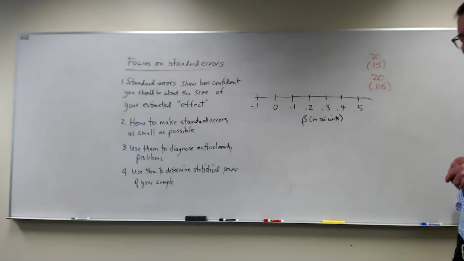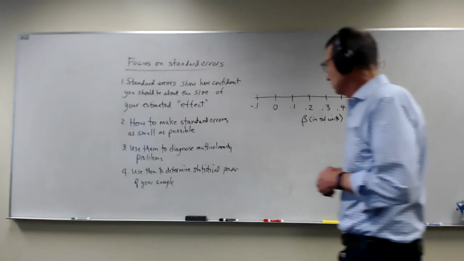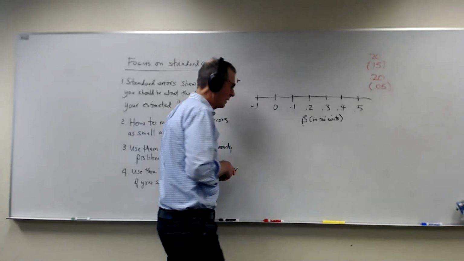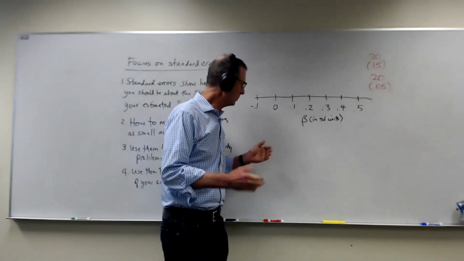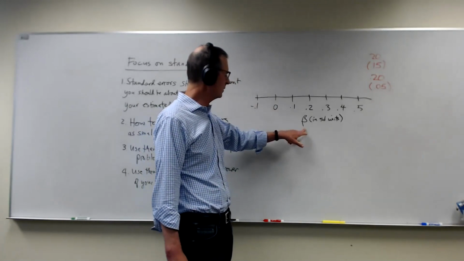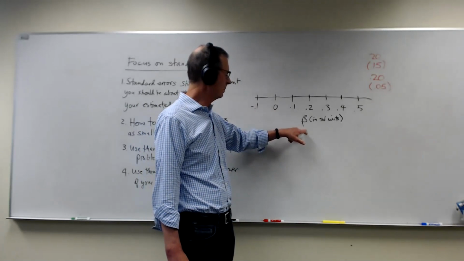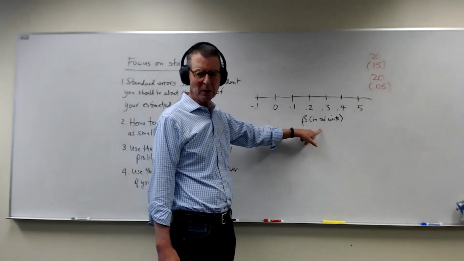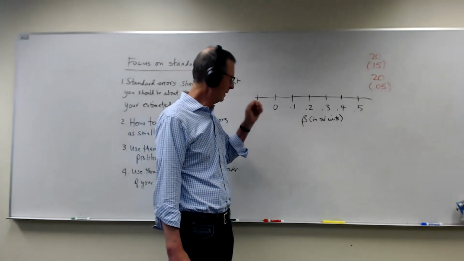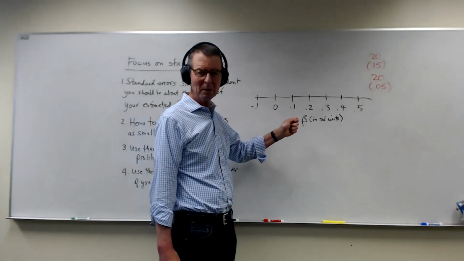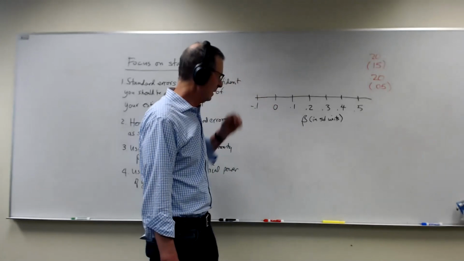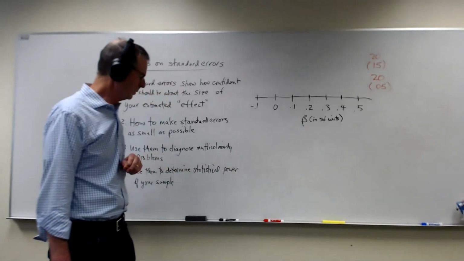Standard errors show how confident you should be about the size of your estimated effect. Let's say you have an experiment and you're estimating an effect that is in standard deviation units, right? So you really want to know how big is the difference between the treatment group and the control group, and we're expressing that in standardized units.